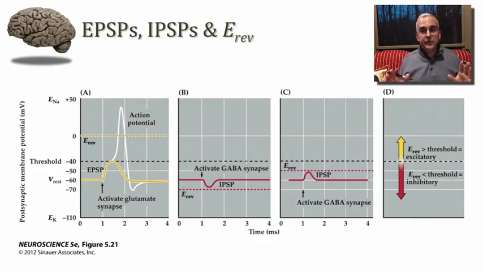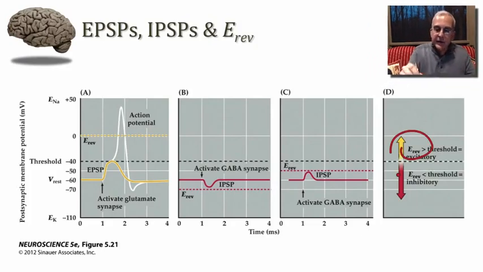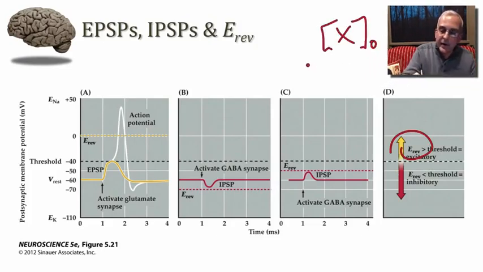Well, the answer is yes, and the reason has to do with the definitions that I've just given you, which are illustrated over here in panel D. So if the difference between an EPSP and an IPSP is the reversal potential, then you should now have some intuition that the reversal potential is really a function of the concentration gradient of the permeant ion.